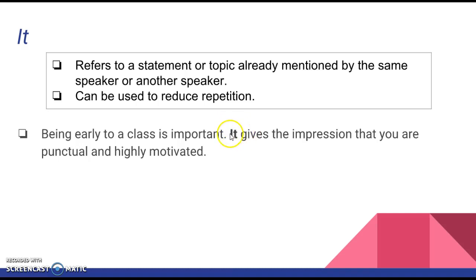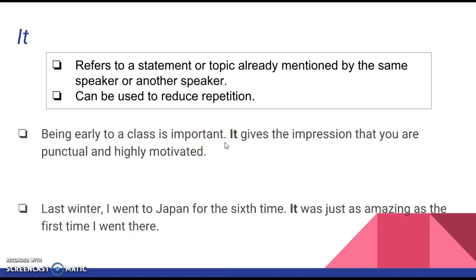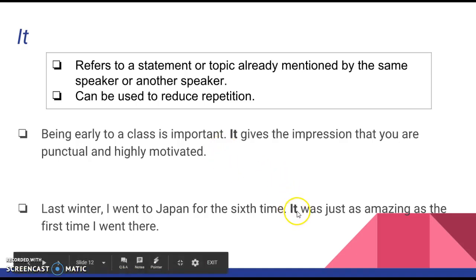So this it is referring back to this idea here, being early to a class is important. Another example: last winter I went to Japan for the 6th time. It was just as amazing as the first time I went there. So again, we have it, and it's referring back to going to Japan.